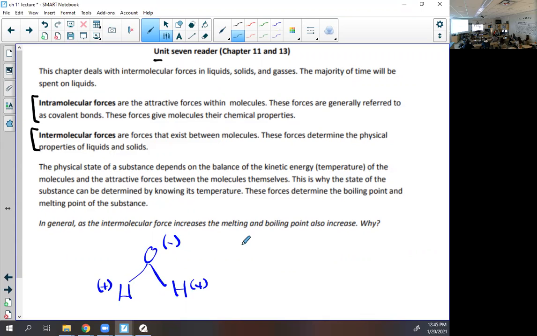So it's a balance between how fast the music is and how tight you can hold on. So in these intermolecular forces, the melting point depends on how tightly they hold each other together. If they hold tight, it takes more energy or more heat, a higher melting point, for things to start breaking apart.